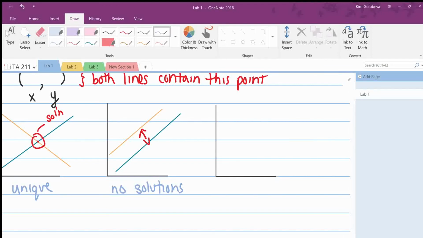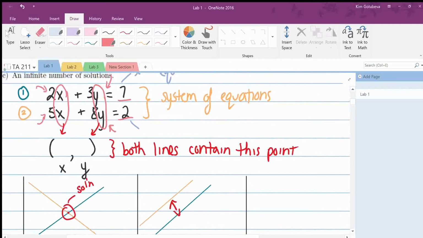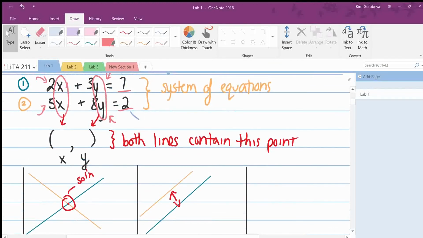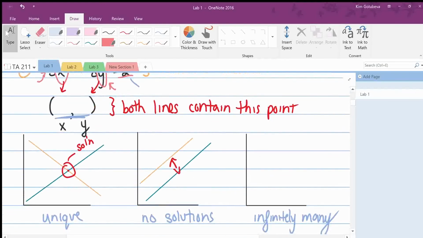Next is infinitely many solutions. To have infinitely many solutions means that there's infinitely many pairs or points of x and y that will satisfy these equations.